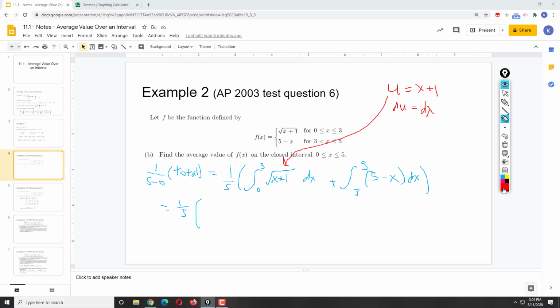So this becomes the integral of u to the 1/2 power. 1/2 plus 1 is 3/2, so it's going to be 2/3 times u to the 3/2 power. We can replace the u with x plus 1, back to x. And we want that evaluated at 3 minus evaluated at 0.